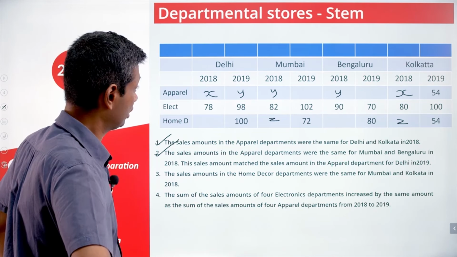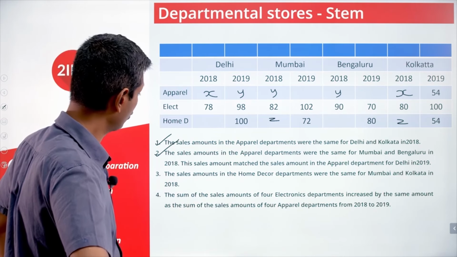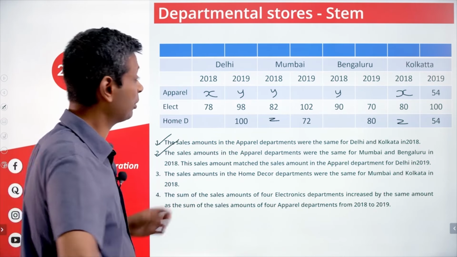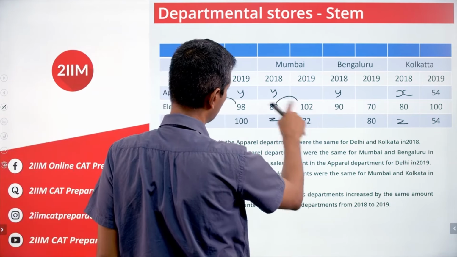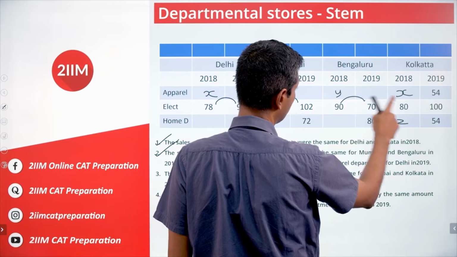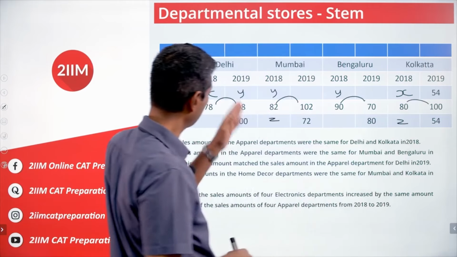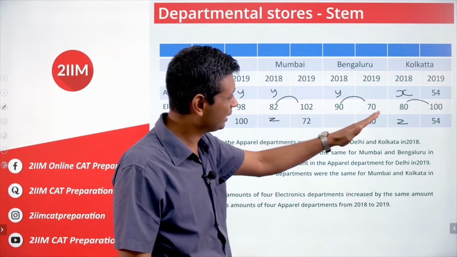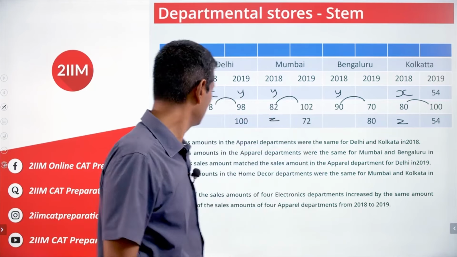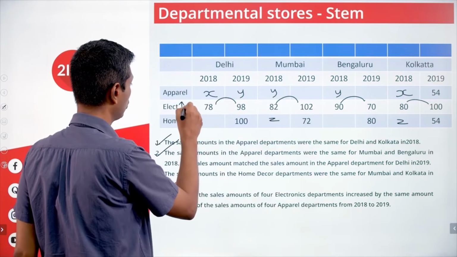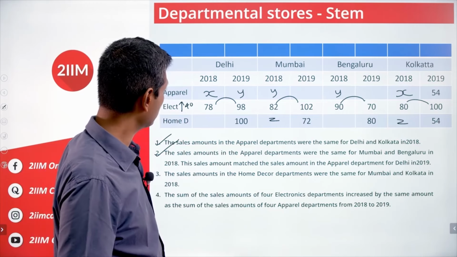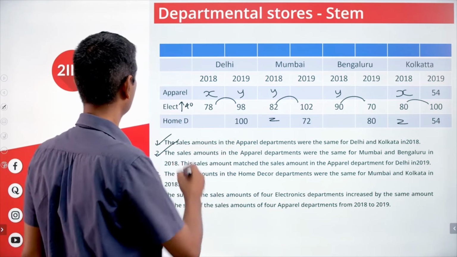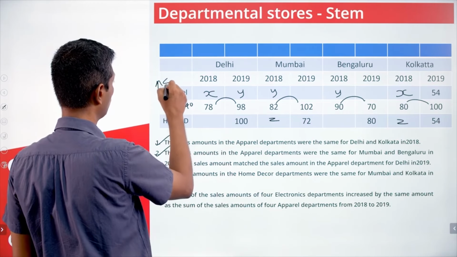Electronic department, we have all the data. And this is plus 20, plus 20, minus 20, plus 20. 20 plus 20, 40. Minus 20, 20 plus 20, 40. So electronics is up 40 crores. So apparel department from 2018 to 19 should have also been up by 40 crores.